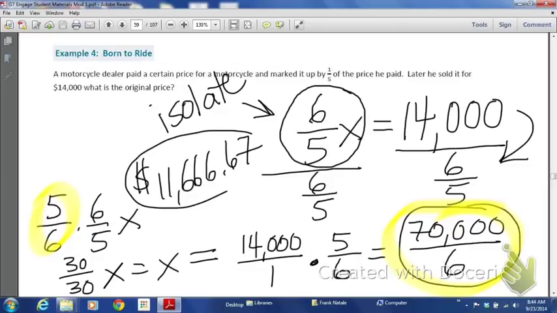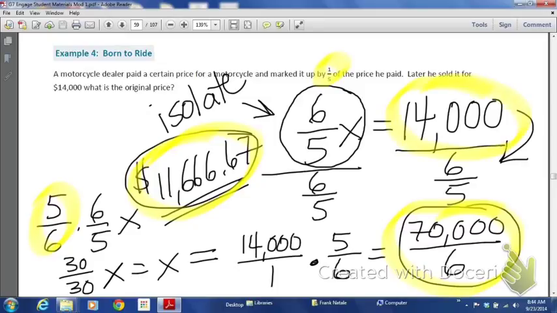So this is the answer to this question. That was the original price, and what the dealer did is he marked it up by 1/5 of this. He took 1/5 of this price and added it onto that price to get $14,000.